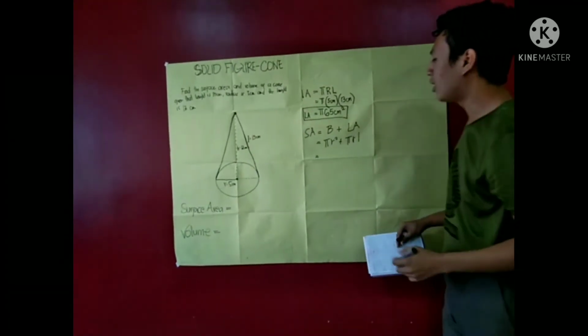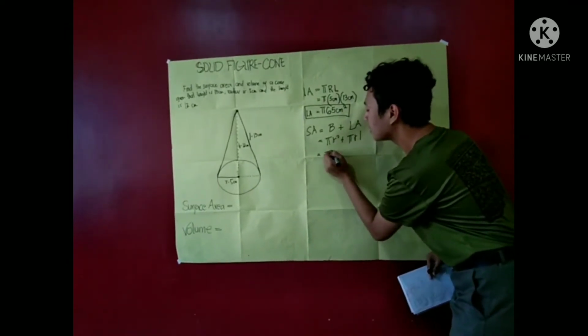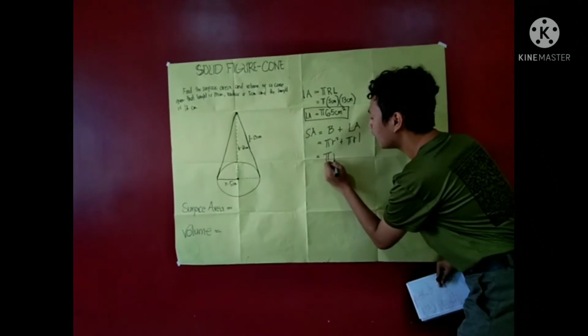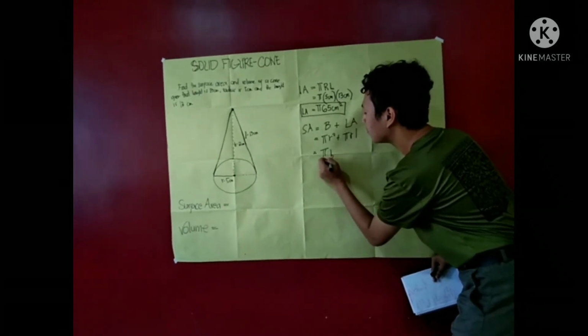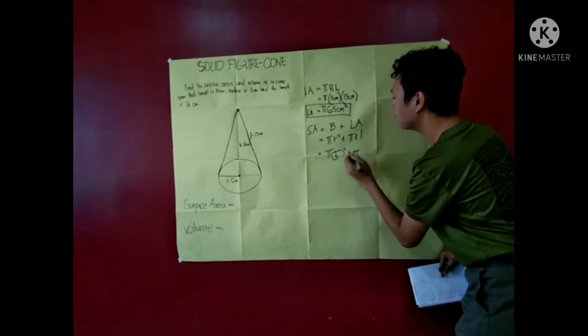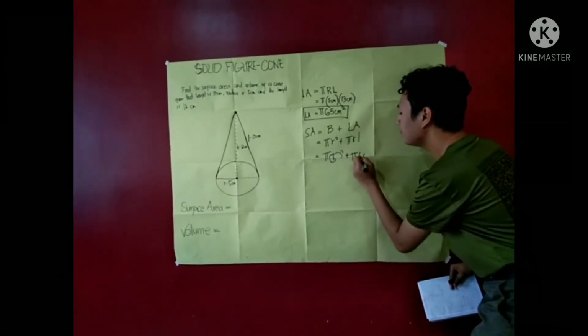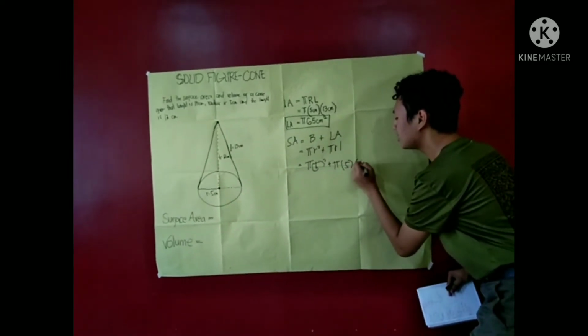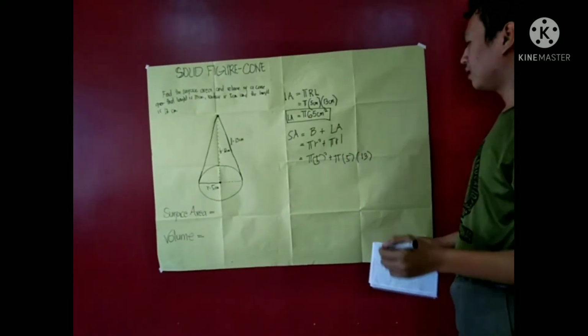After that, we need to substitute the values. Copy the pi and the R, which is 5 centimeters, squared, plus the pi times R, another 5, times the value of L, which is 13 centimeters.